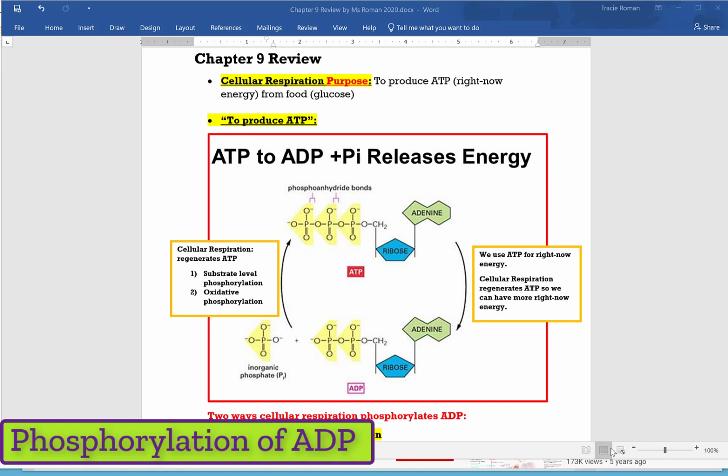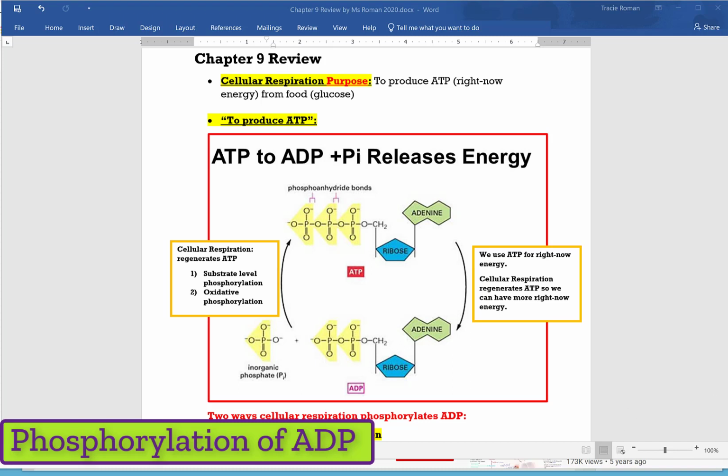And that's awesome. However, that ATP can be reused. So during cellular respiration, all of these ADP molecules get rephosphorylated, and then they can go provide energy for other reactions to occur.